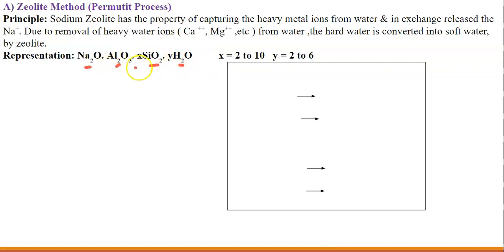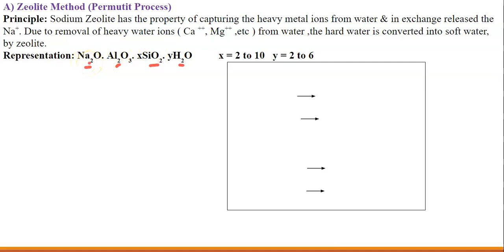The framework of zeolite has bonds between aluminium, oxygen, and silicon. It can be a bond between aluminium, oxygen, aluminium, a framework of silicon, oxygen, silicon, or a framework of aluminium, oxygen, silicon. So the framework of zeolite is made of three atoms, aluminium, oxygen, and silicon, and the sodium atoms are loosely held.